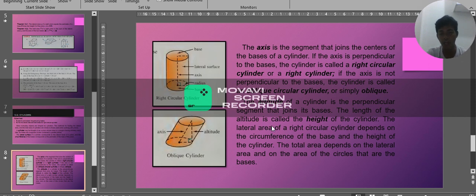So the lateral area of a right circular cylinder depends on the circumference of the base and the height of the cylinder. The total area depends on the lateral area and on the area of the circles that are the bases.